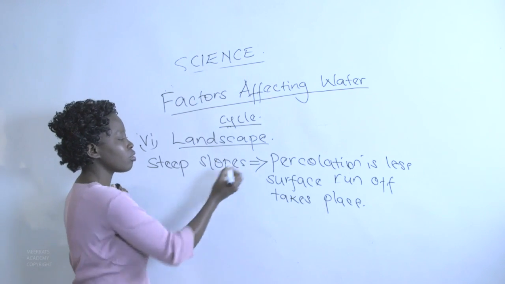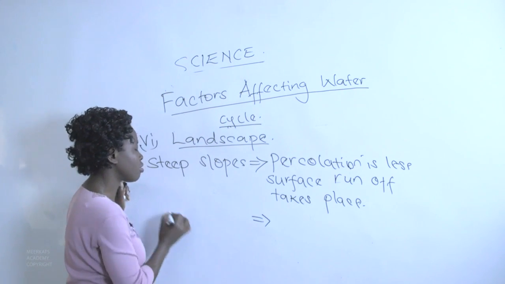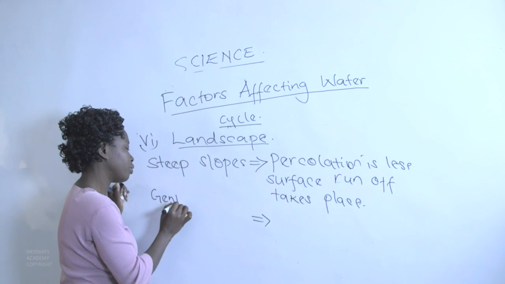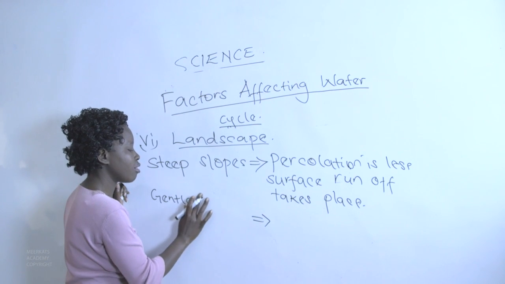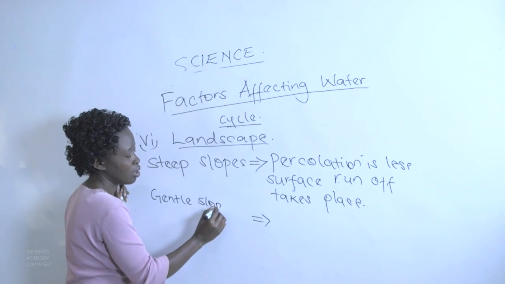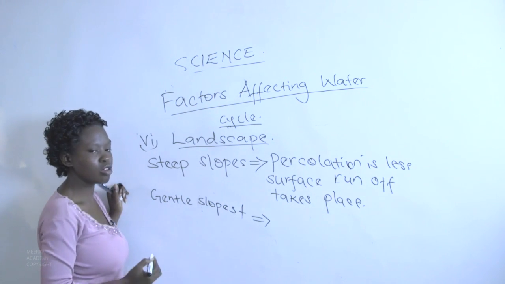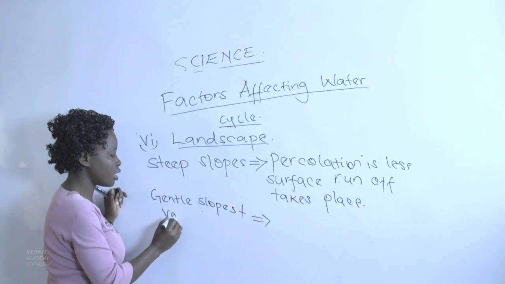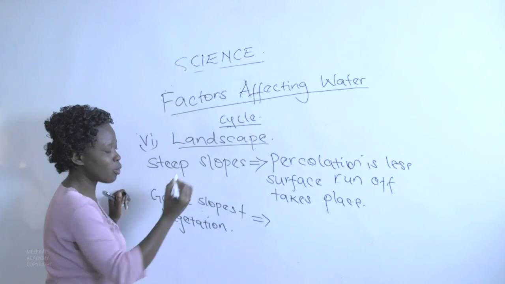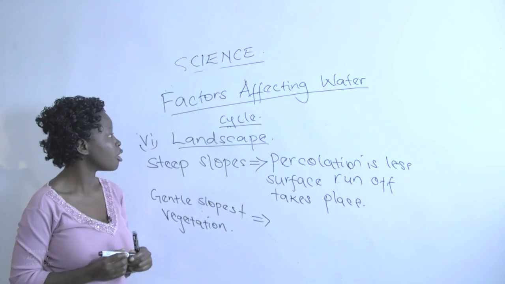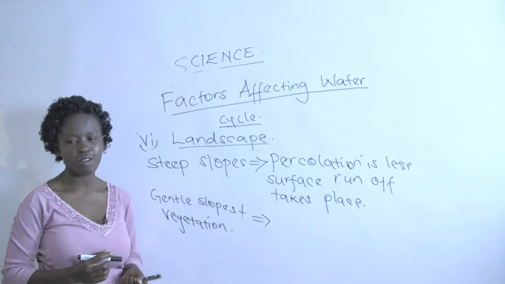Then we are talking about water falling on ground that is gentle and may be covered with vegetation. So we are having gentle slopes, and in addition to being gentle, it is covered with vegetation. What happens to this type of landscape?